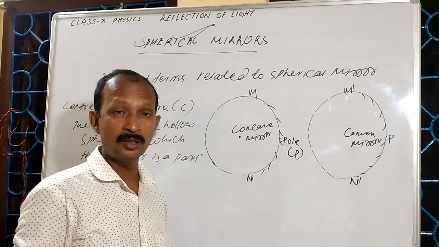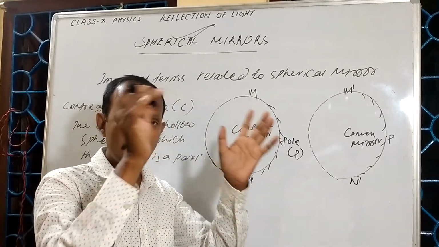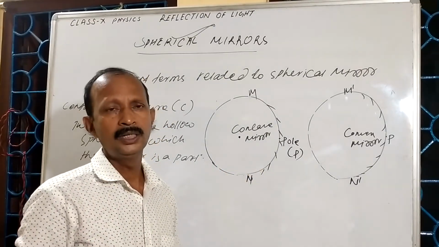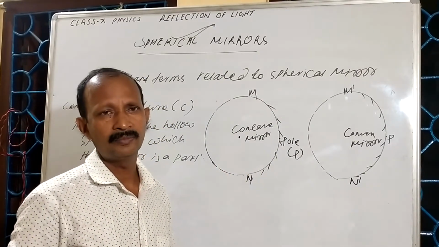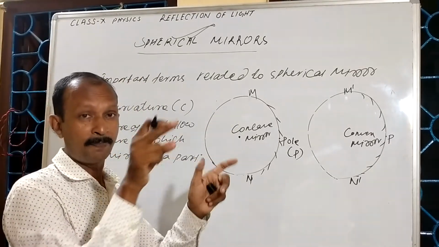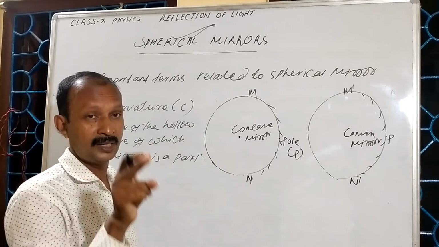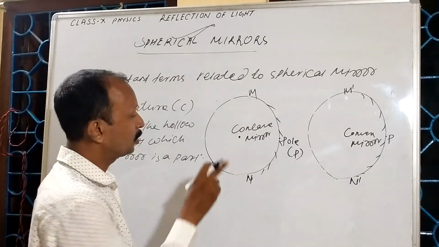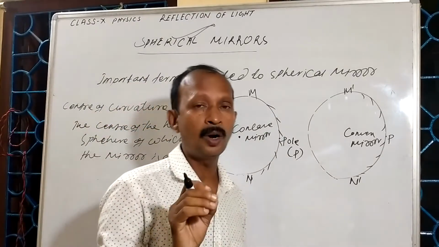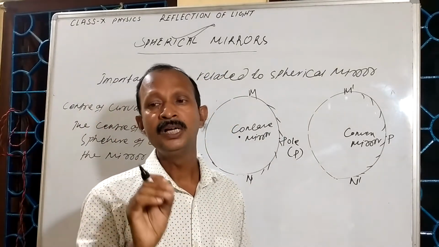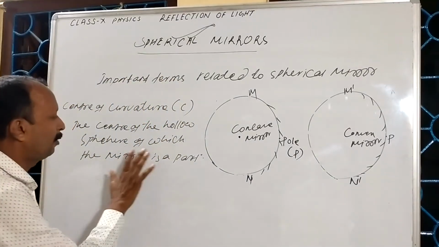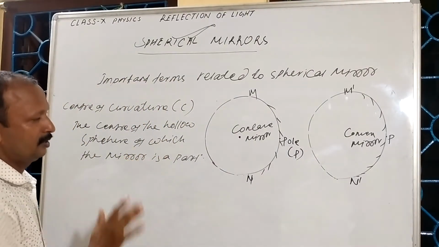I am telling about the sphere which is three-dimensional, looks like a football. So its center, in a football, is not a part of the bladder. You can say like center of gravity. So the center of the sphere of which the mirror is a part is called the center of curvature. So this is about the center of curvature.